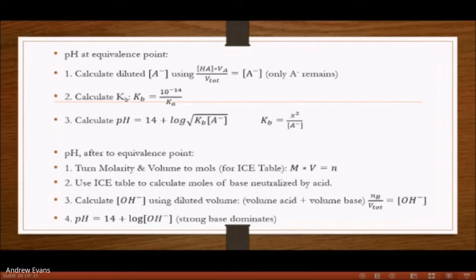If you have a strong base and a weak base in solution, the strong base reacts completely before the weak base does. So once we get past the equivalence point and it's just strong base, we can treat it like it's just a strong base. You don't have to use Ka, Kb, all that stuff, because it's just straight up OH.